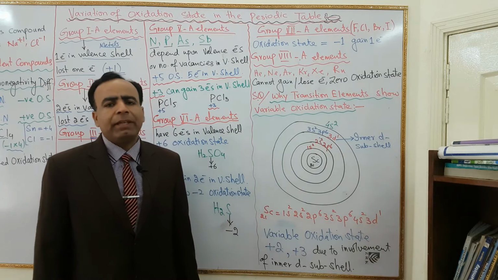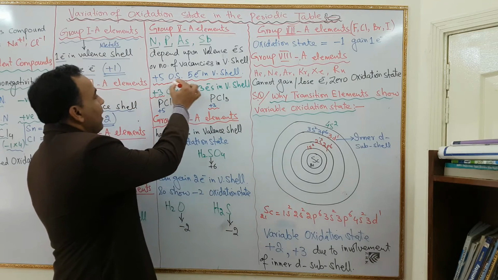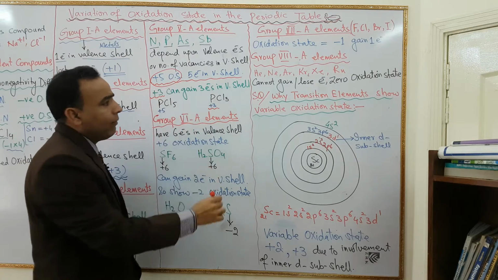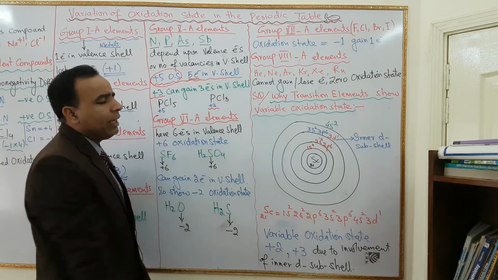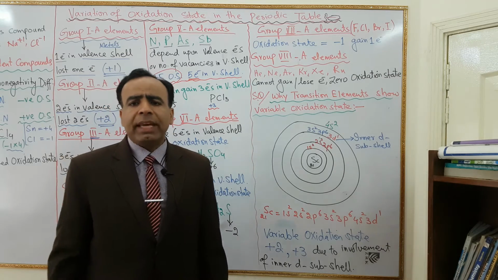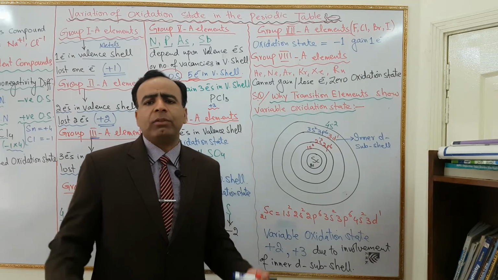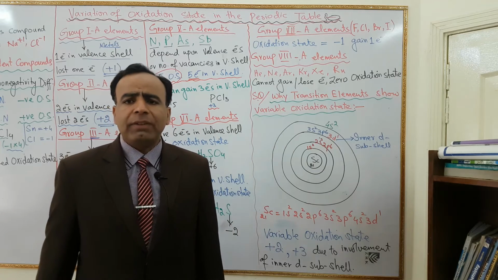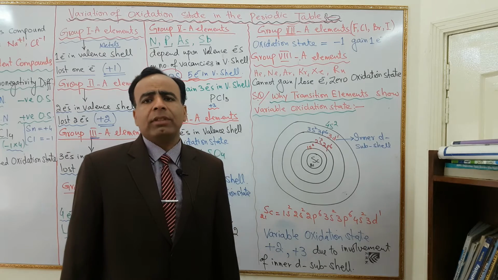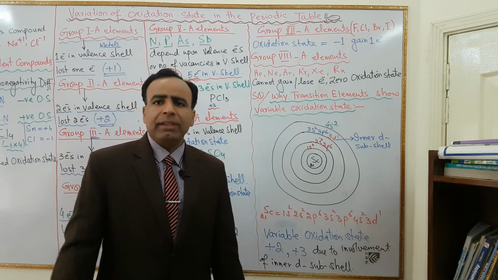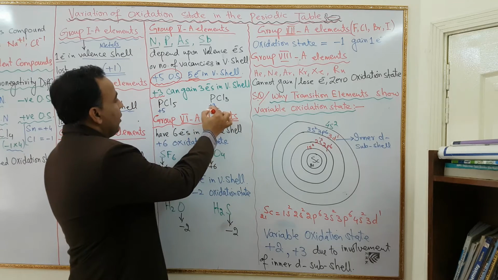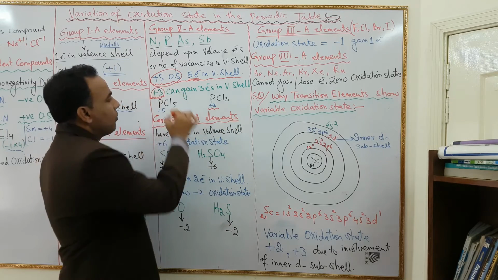Group 5A elements show +5 oxidation state because they have 5 electrons in their valence shell. But another reason is that they also show +3 oxidation state.